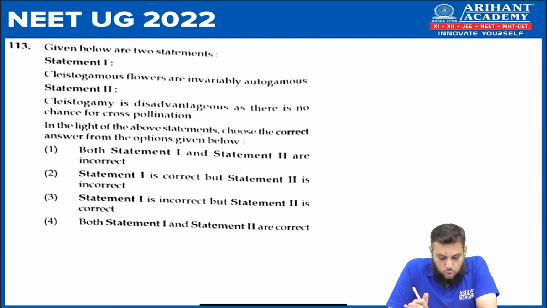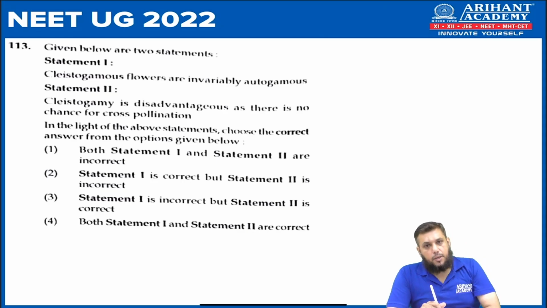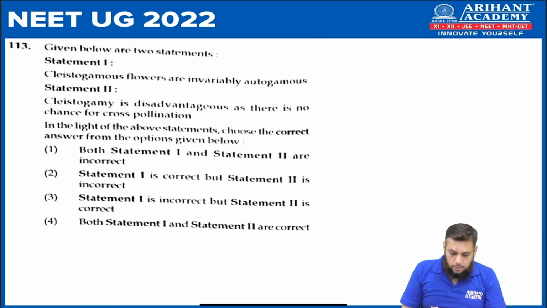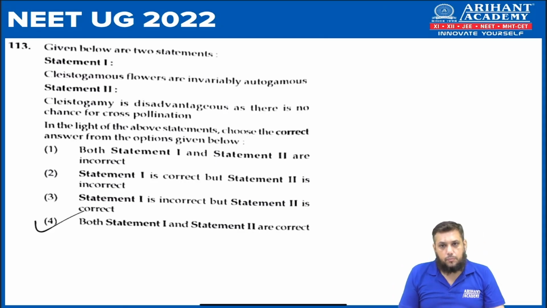So even statement 2, that cleistogamy is disadvantageous as there is no chance for cross pollination, is also a correct statement. There will only be selfing. So I'll go with the answer for 113 as 4.